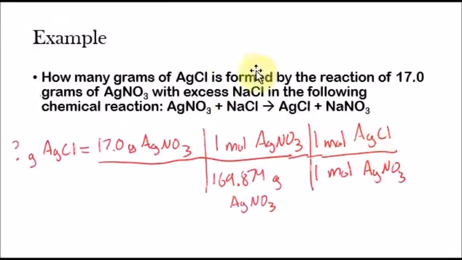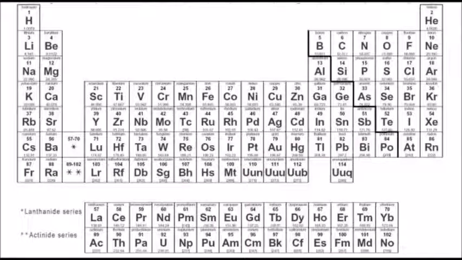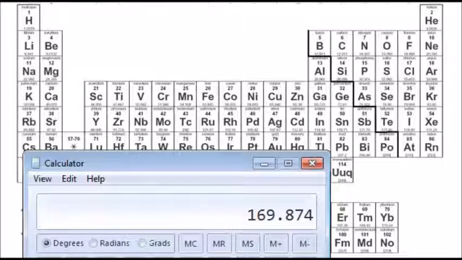Right now we're at moles of silver chloride, so from here we can convert to grams. 1 mole of silver chloride has a mass of, if you look here on the periodic table, let me go ahead and do the math there, 107.87 plus chlorine, which is 35.453. So this is 143.323.